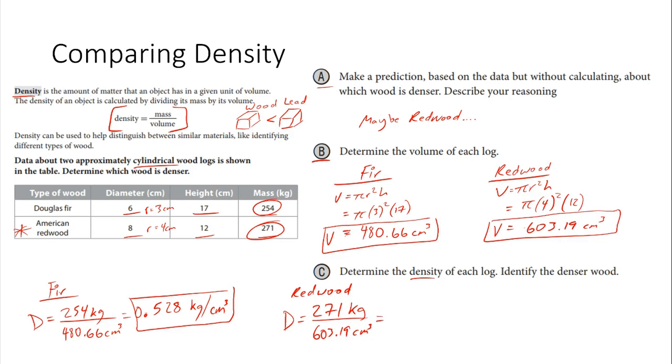All right, real quick in your calculator, again, do this with me. 271 divided by 603.19, and that's cubic centimeters. And you should get, this is an approximation, I should probably use the approximation symbol, but eh, 0.449. All right, and that's kilograms per cubic centimeter.